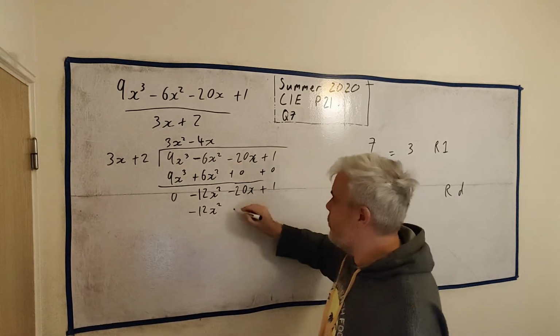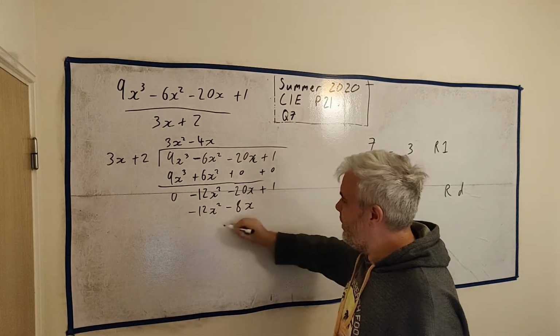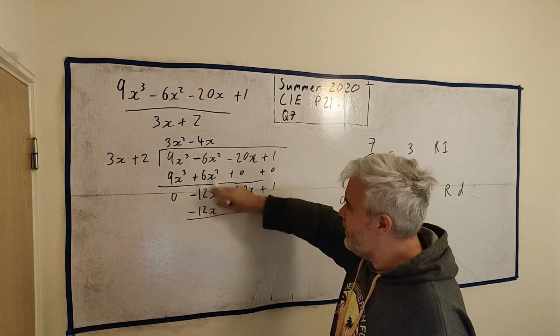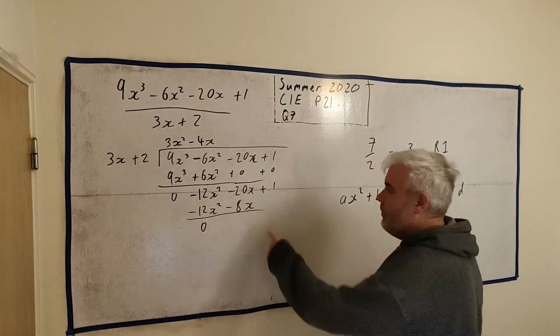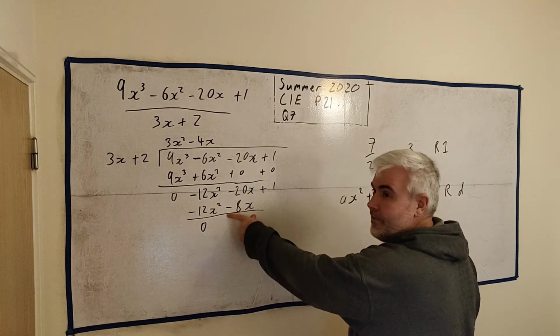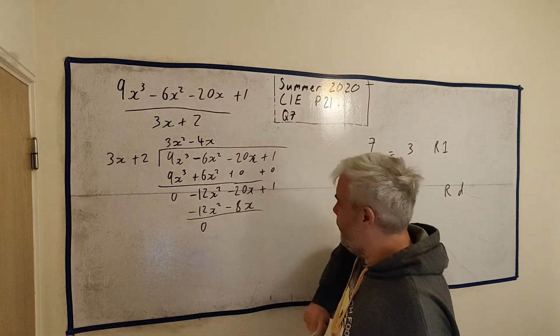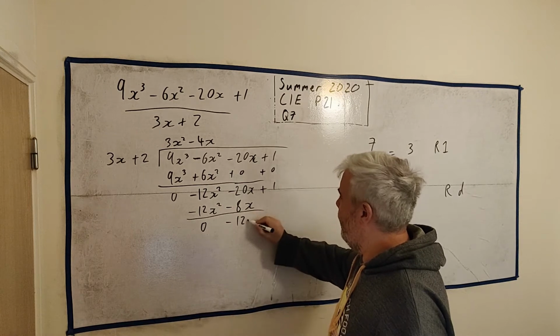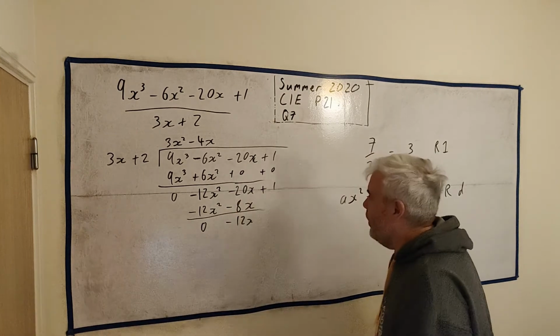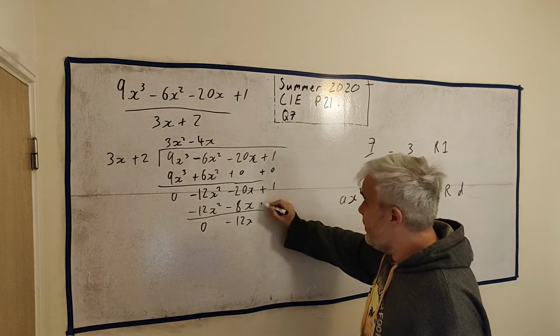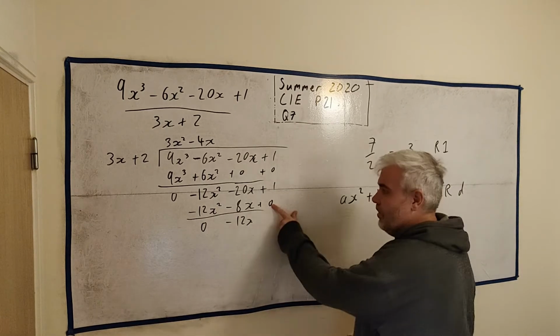Minus 4x times the 2 will get us a minus 8x. And how close is this? Let's take it away. It has a remainder 0. Minus 20 minus 8 is, that's plus 8 onto minus 20, which is minus 12x, which is the same as that one was. And again, like I said, you could have a 0 here if you want.